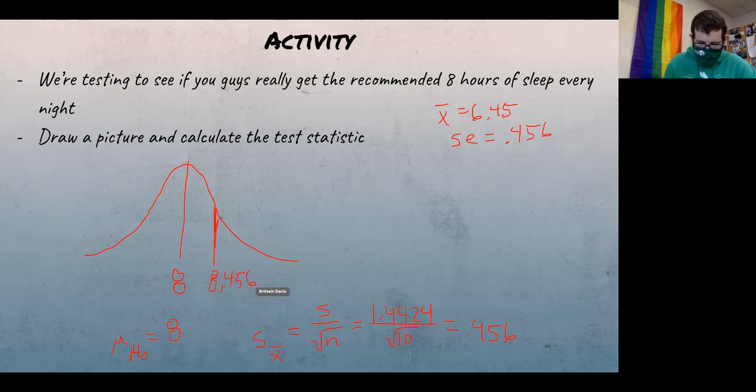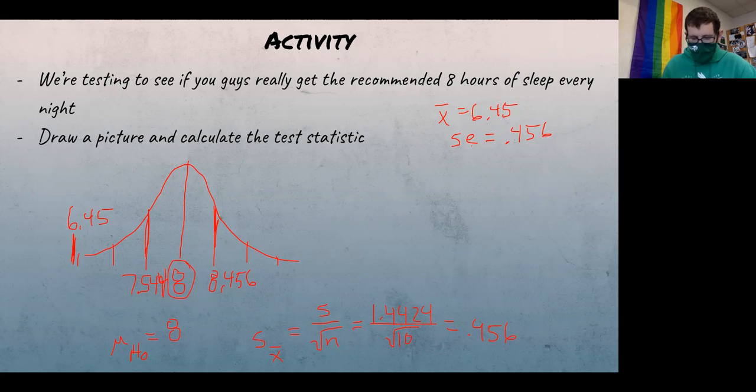The first one down below is going to be 7.544, and so on. So 6.45 is going to be somewhere around here, I'm guessing. That's down pretty low. If the null hypothesis is true, that's pretty unlikely.